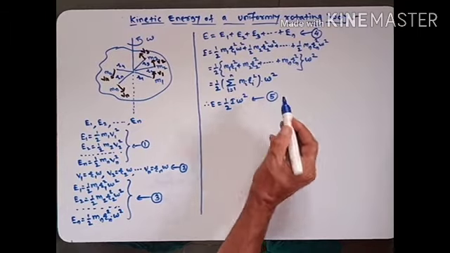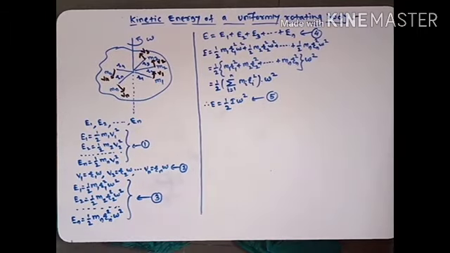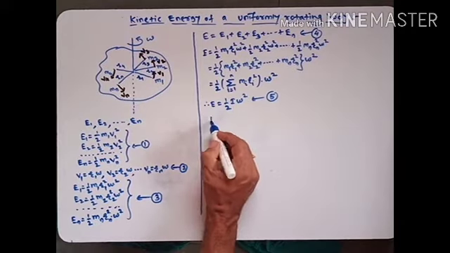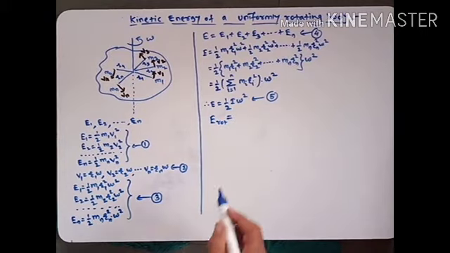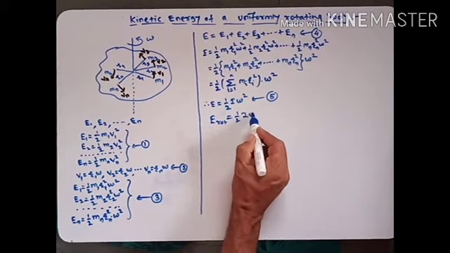Suppose this is equation number 5. Then this equation 5 gives the kinetic energy of a uniformly rotating body. This is rotational kinetic energy. We write here E rotational kinetic energy is equal to half I omega square.